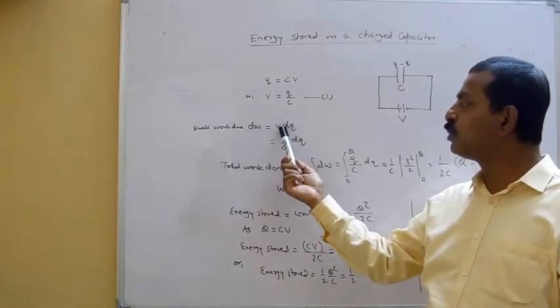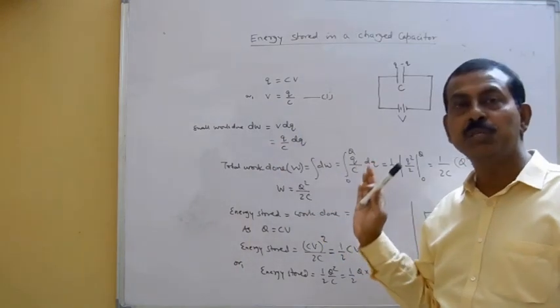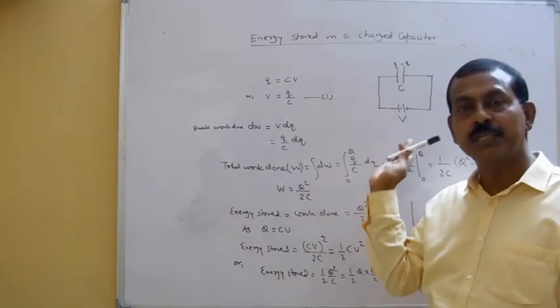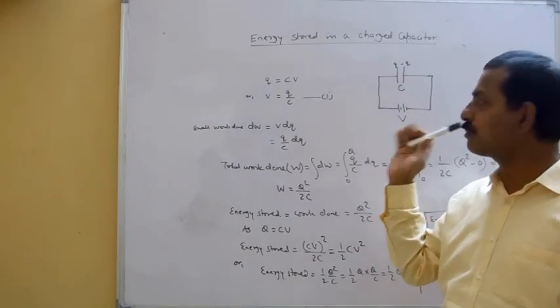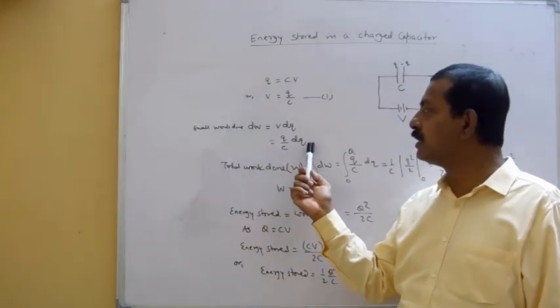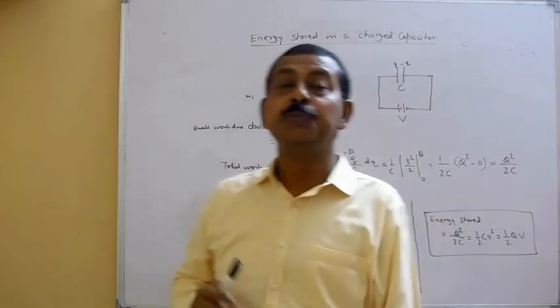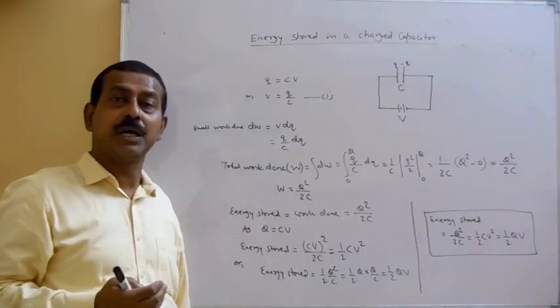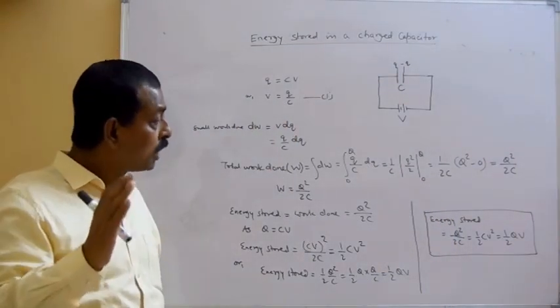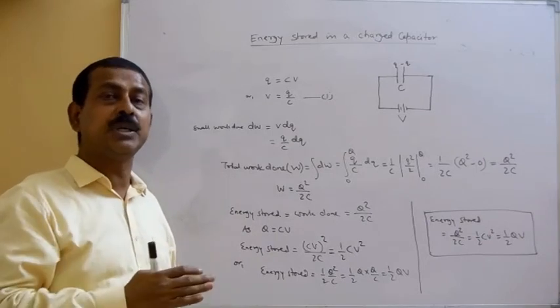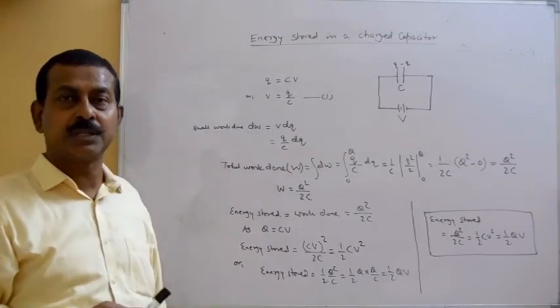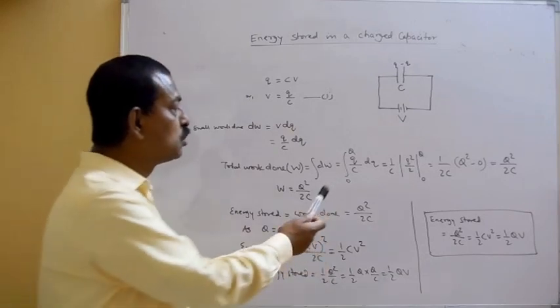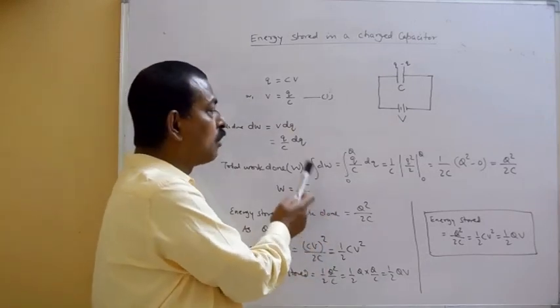So small work done will be V into dQ, if dQ is the amount of charge which is further transferred to the capacitor. So it is Q by C into dQ. If you want to find the total work done when the charge Q is given to the capacitor, it will be the integral of this small work done.